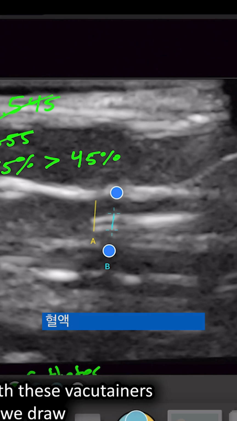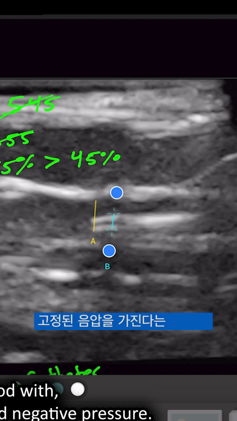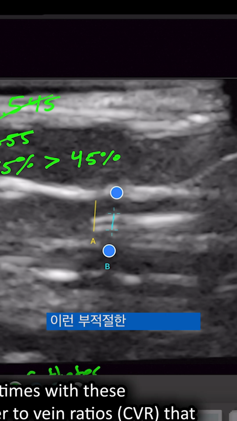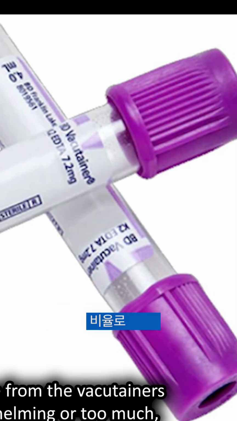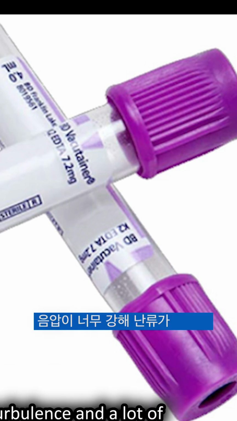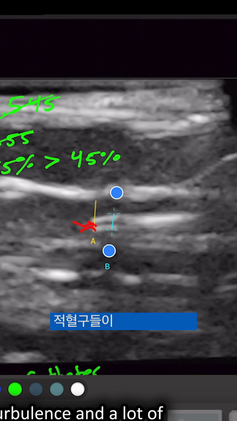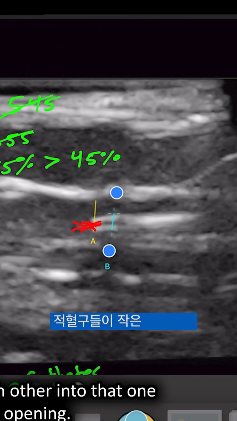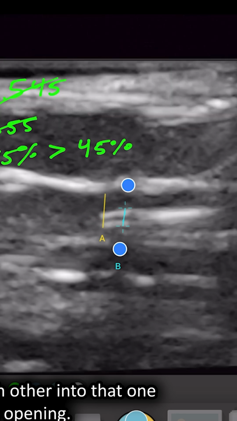The problem with these vacutainers that we draw blood with, they have a fixed negative pressure. You can't control it. And a lot of times with these inappropriate catheter to vein ratios, that negative pressure from the vacutainers could be overwhelming or too much, causing a lot of turbulence and a lot of red blood cells trying to pack into each other into that one small opening.